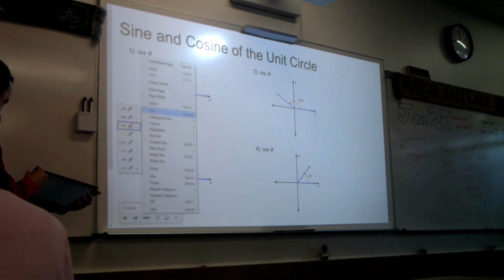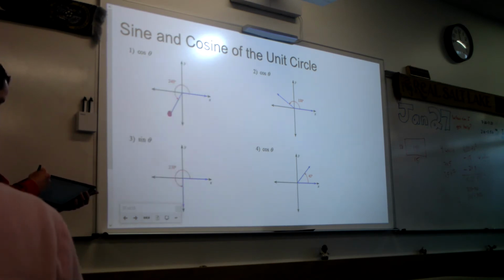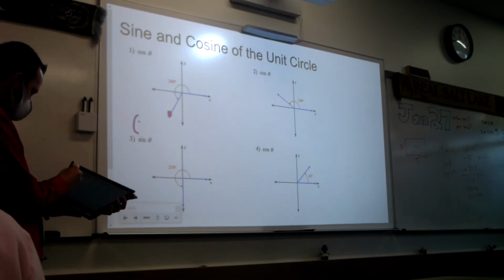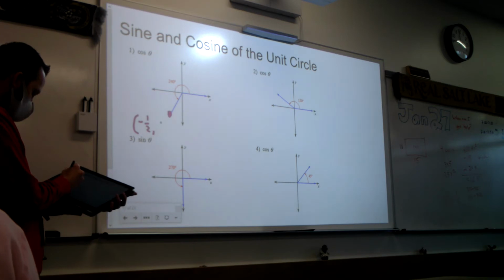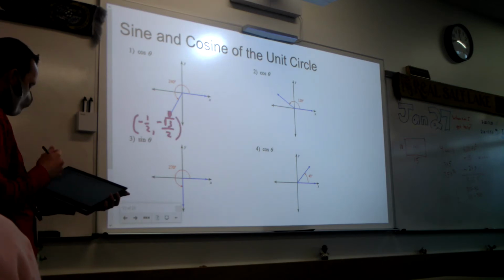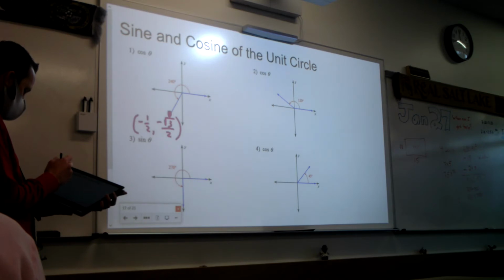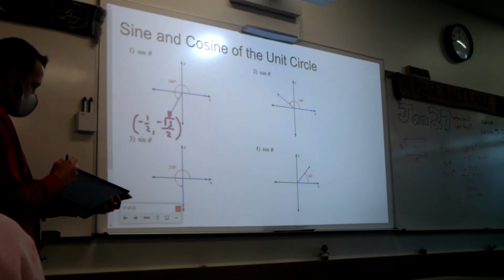240. Skylar, will you tell me what are your coordinates at 240? It's negative 1/2, negative square root of 3 over 2, right? Yeah. Okay, now if we're doing cosine, which one of those do we want? Wait, what is the angle there? 240? The negative 1/2.